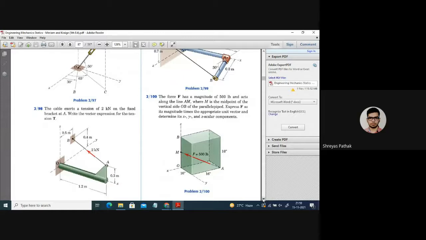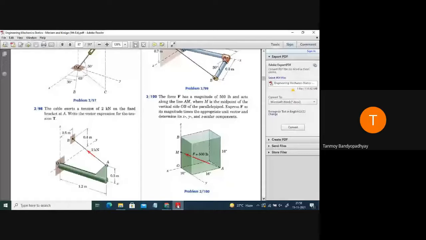Sir, first we have to break all the forces in its components x, y, and z. Then we have to find TOB. Just 1 minute, sir. What is the question? Sir, at first we are breaking into components x, y, and z. Then we are finding TOB.